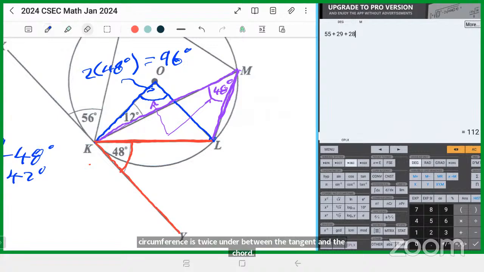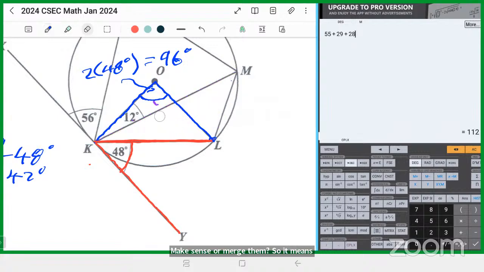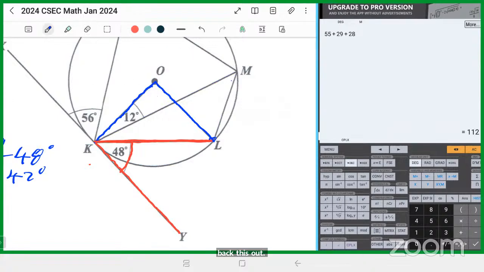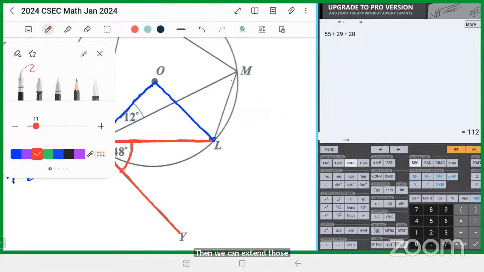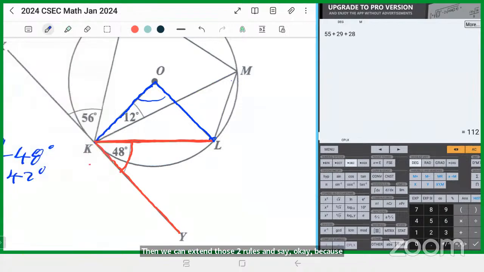So if we take this back out, then we can extend those two rules and say, okay, because this angle that we want here is subtended by this red chord, and that red chord is making an angle of 48 degrees with this tangent out here, then the angle at the center is twice this one, because we merge the two of them.